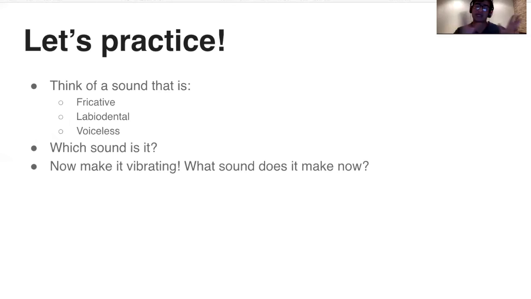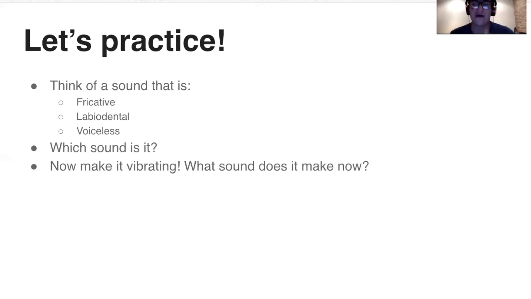Now let's look at it the other way around. Let's think of a sound that is fricative, labiodental, and voiceless. Fricative, the air is coming out partially blocked. Labiodental, my lower lip and my teeth are touching, and it's voiceless, so my neck is not vibrating. What sound do you think it is?